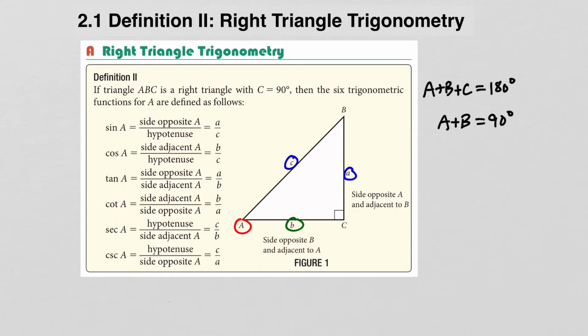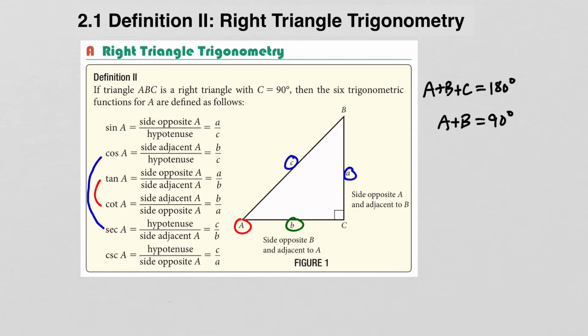Now, the other 3 trig functions can be found by simply taking reciprocals. Remember that tangent and cotangent are reciprocals. So if tangent is A divided by B, then cotangent is B divided by A. Likewise, cosine and secant are reciprocals.